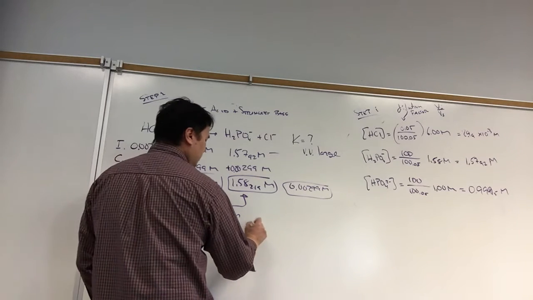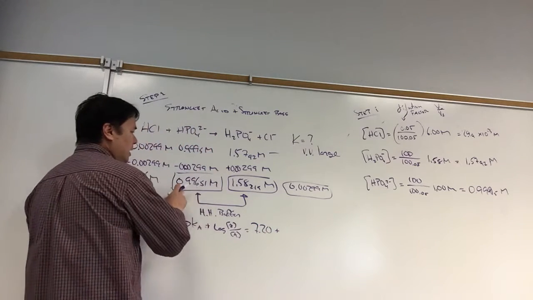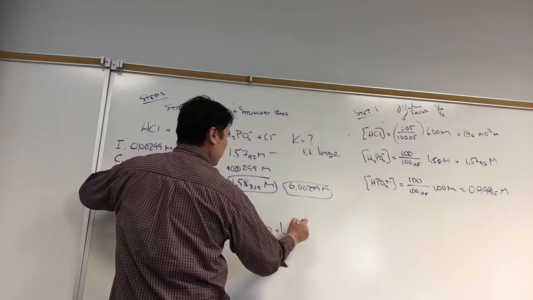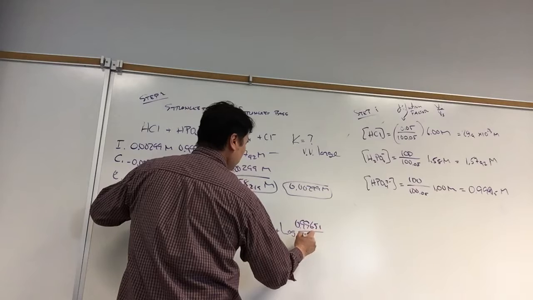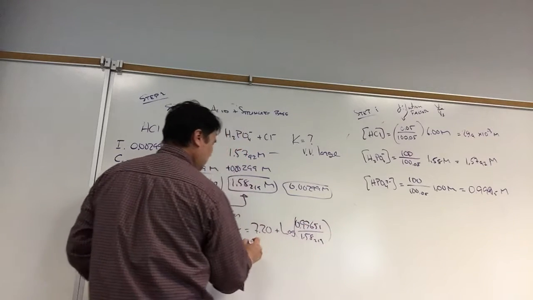And so the pKa is 7.20, plus the log of the base over the acid. Now the base is 0.99651 over the acid, 1.58219, which gives us what?